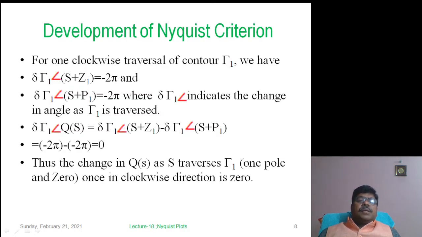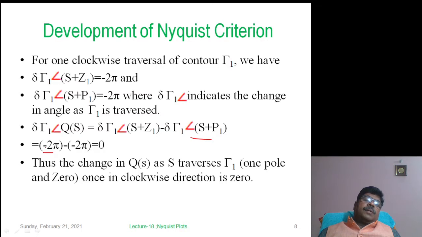Since this pole is in the denominator, the net angle of the given transfer function Q(s) will be the angle subtended by the zero minus the angle subtended by the pole.